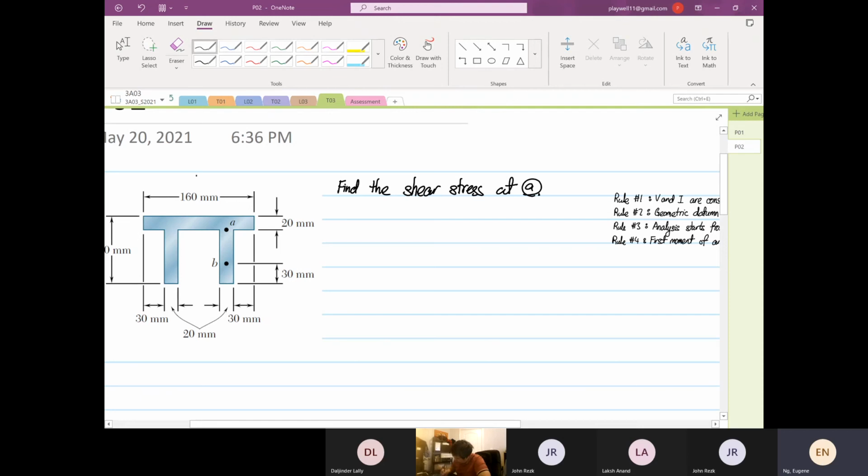So we know we have Vy coming down. And Vy we found as equal to 90 times 10 to the power 3. Okay. What I'm going to do next is to sketch the shear flow.